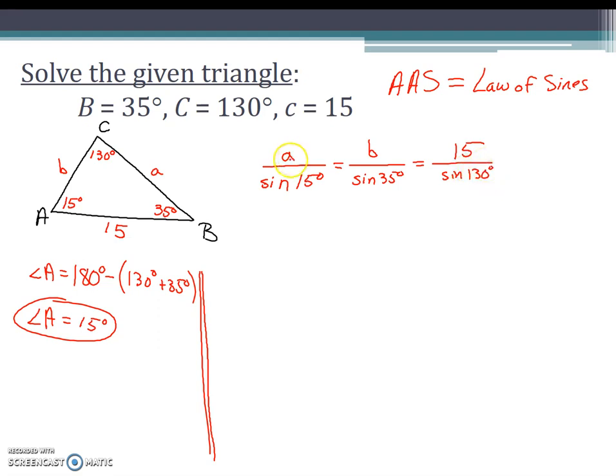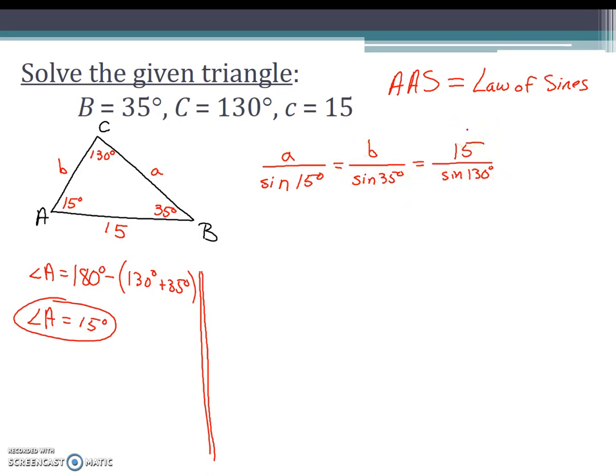For instance, we know we need to solve for A, and we've got a full fraction with A, so we'll put these two together and solve for A. Then we'll ignore this one and do this as the proportion to be solved. Do it one at a time, and it doesn't matter what order you go in.